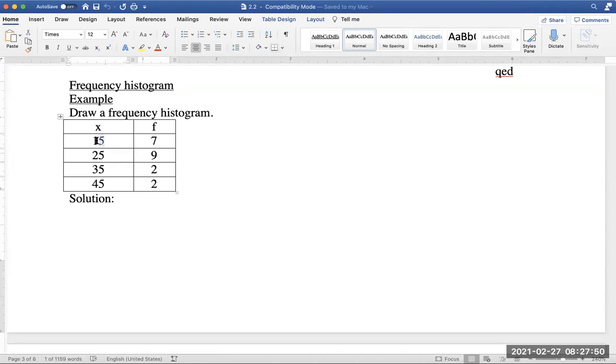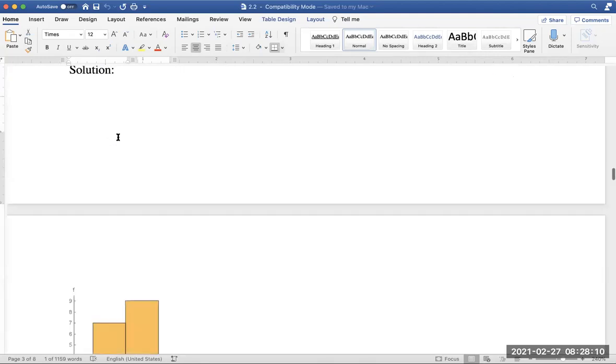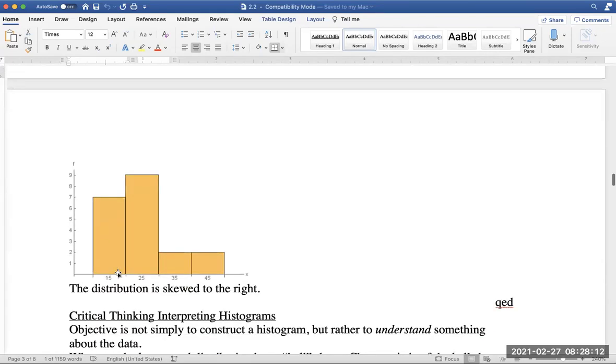The distance between 15 and 25 is 10, so I should have the width of this as being 10. So let's make each of the widths here 10, centered at 15.